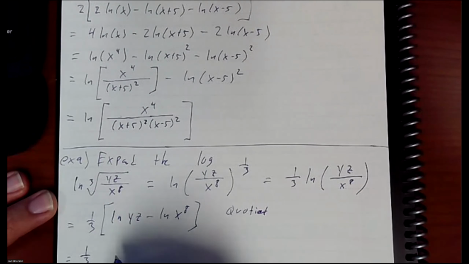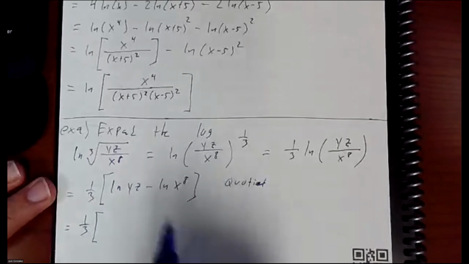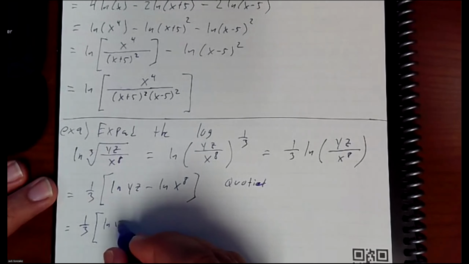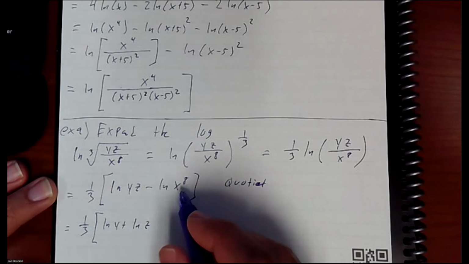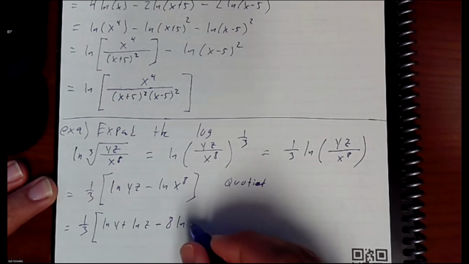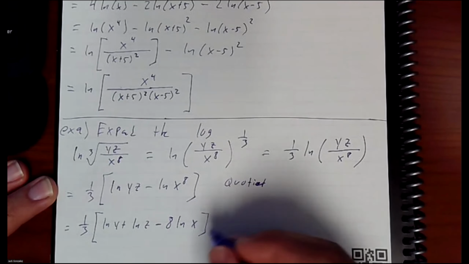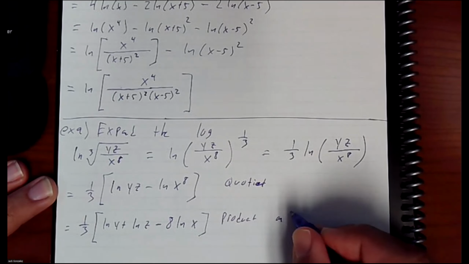Then apply the product on this one because you have a y times z. So this will become ln y plus ln z. And then you have that power, so bring down the power. I ran out of space, so I did 2 rules at once. Hope that's okay.